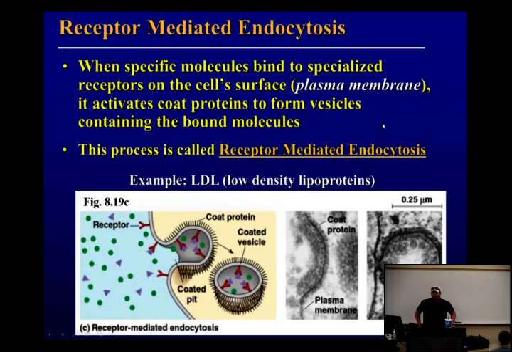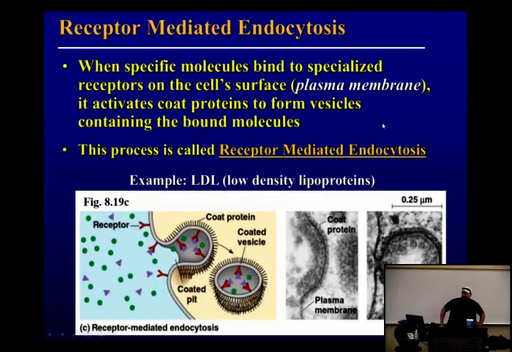Alright, so the last one that we didn't get to cover when we last met is receptor-mediated endocytosis. So this is a unique system where the cell has a receptor, and that receptor binds a certain molecule, and when it binds, it initiates a protein called clathrin.